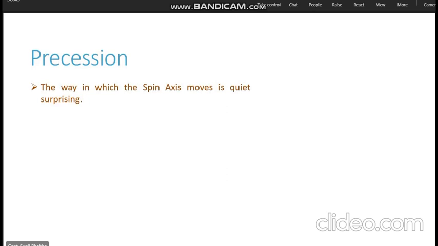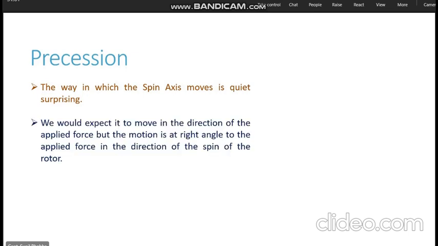Now, going further into gyroscopic precession, we will try to understand it from diagrams. The way in which the spin axis moves is quite surprising. We would expect it to move in the direction of the applied force. That is how normal bodies move.